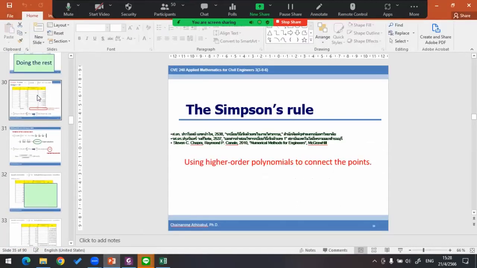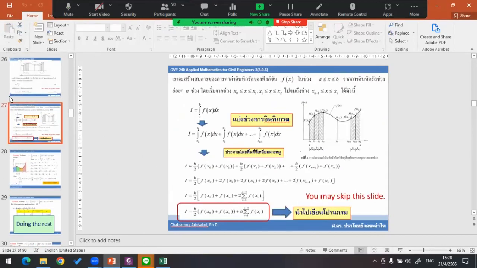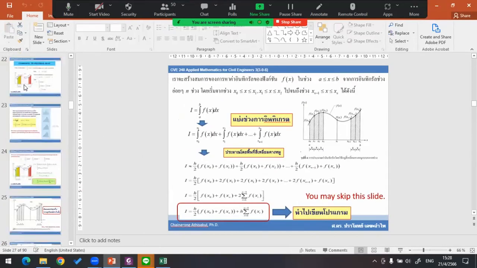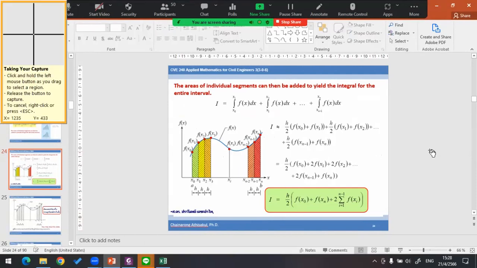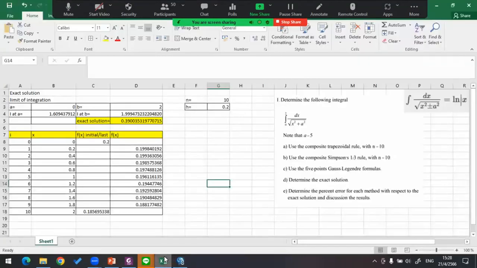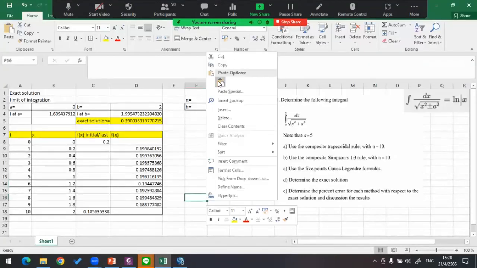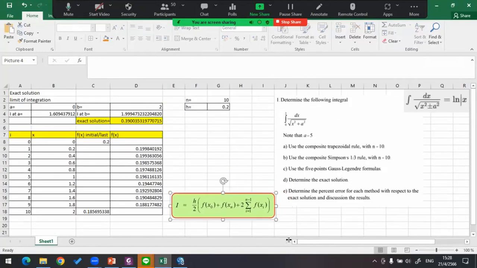The formula for the trapezoidal rule is over here. This is the formula for the composite trapezoidal rule, right?